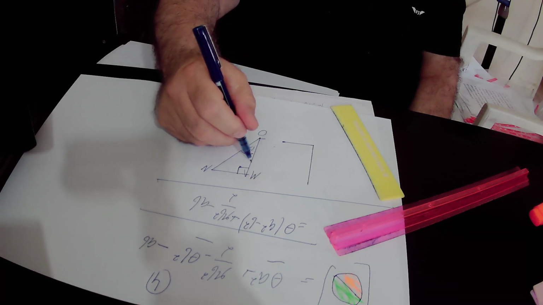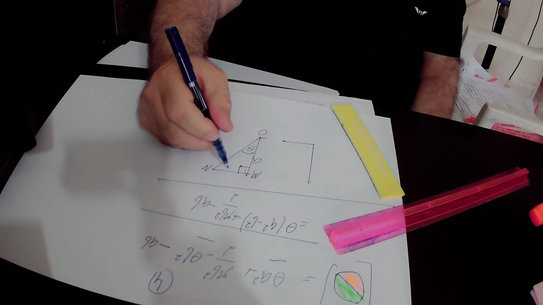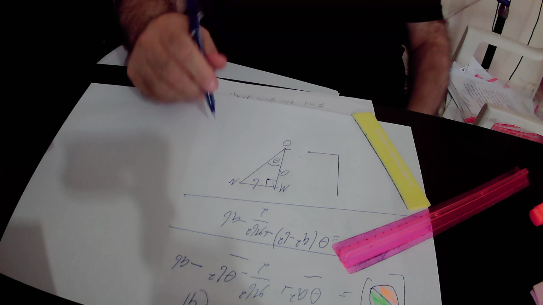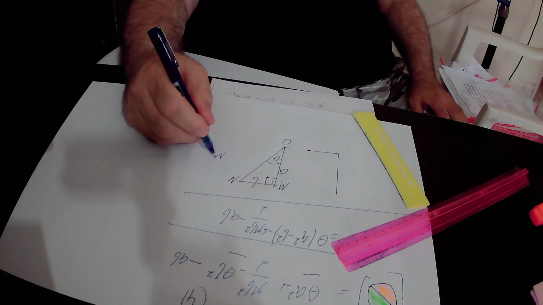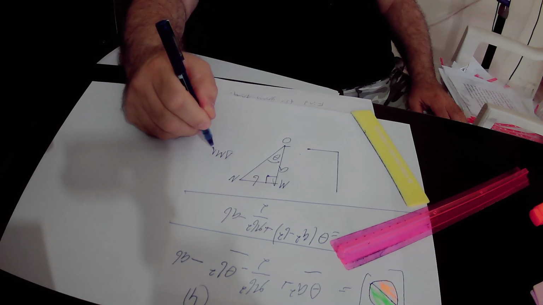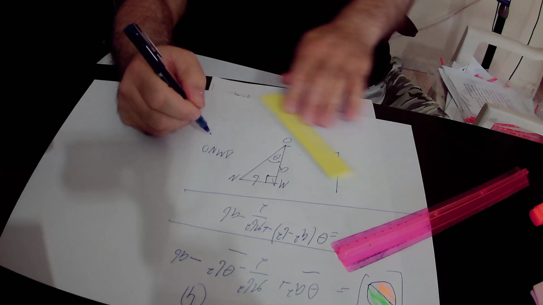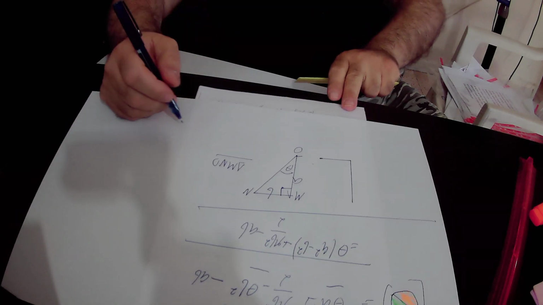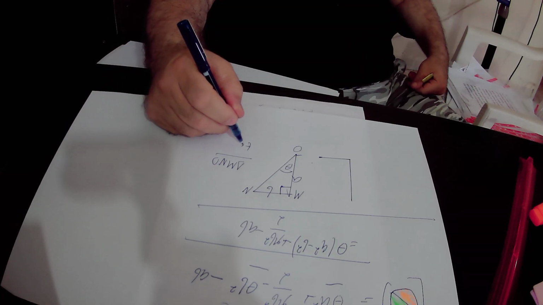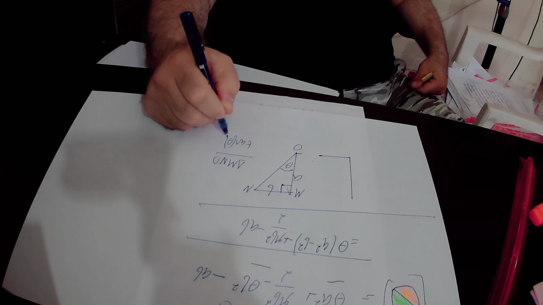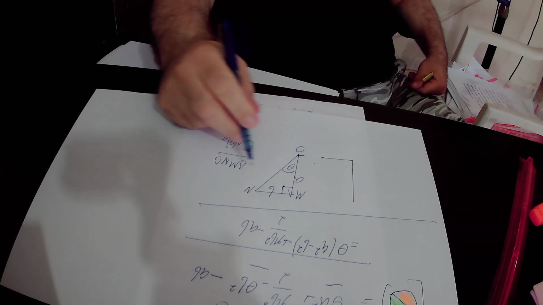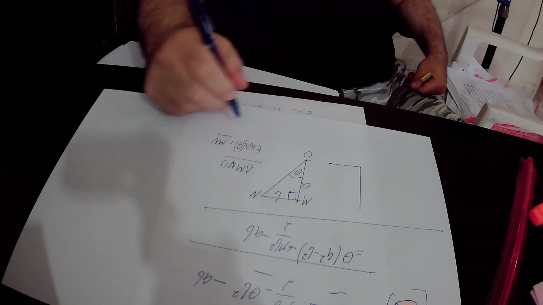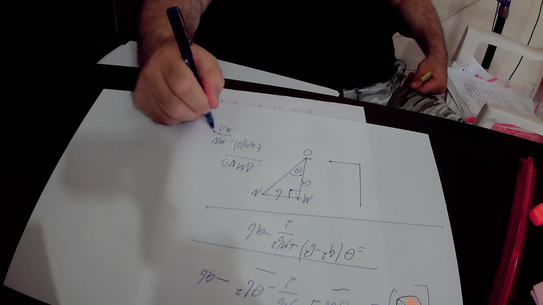Side MO equals A. Side MN equals B. So in the right triangle, triangle MNO, it is very easy to see that tangent theta equals MN over MO. Okay?